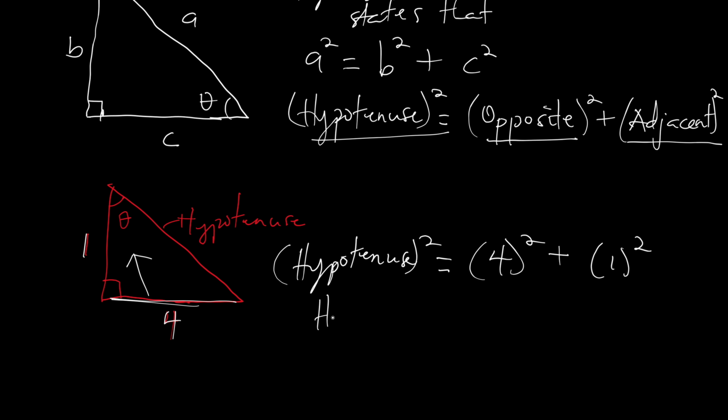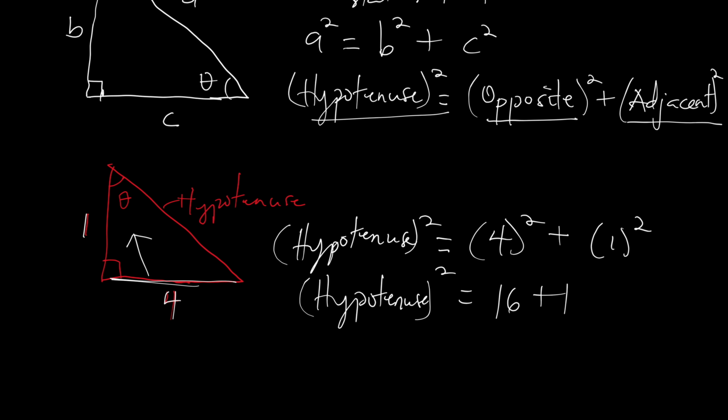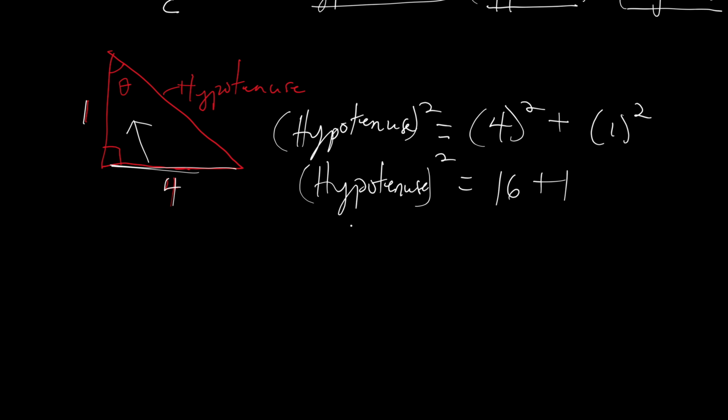So the hypotenuse squared will be equal to 16 plus 1. So let hypotenuse be h. So h squared will be equal to 17.